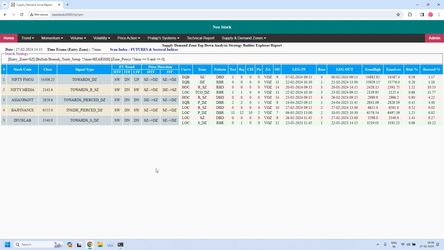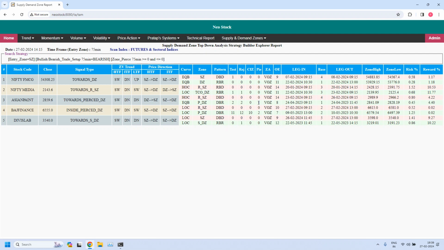And to which zone do we set that pierced count? The supply zone. Check all these supply zones. They have a count of 0. So 5 stocks are filtered. A demand zone can be pierced, no issues. The demand zone is only a target zone.